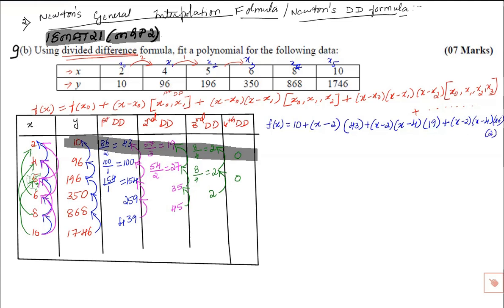The fourth divided difference is anyhow 0, so no need to compute.